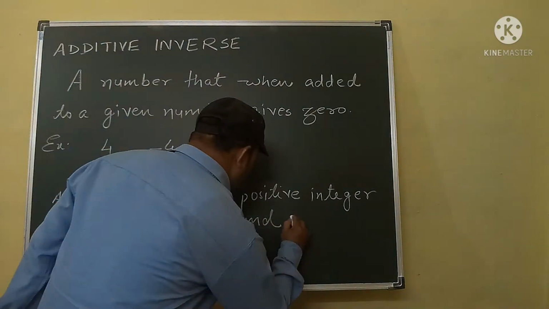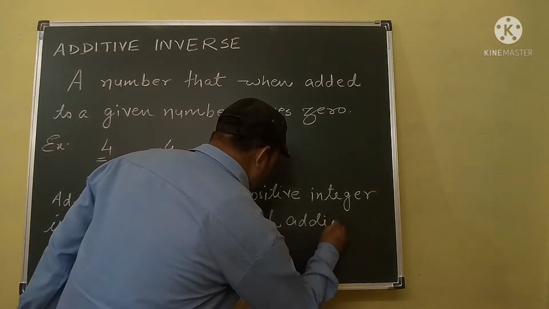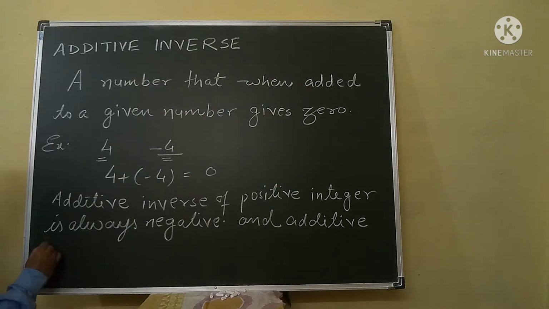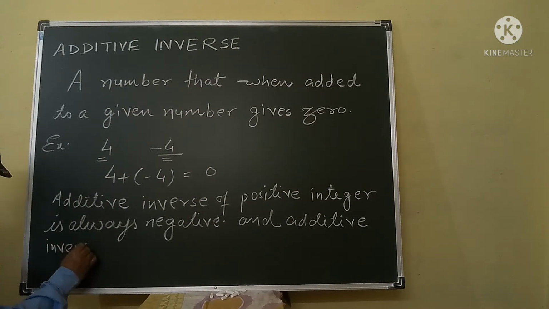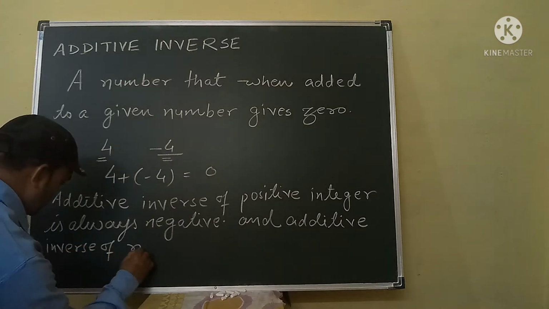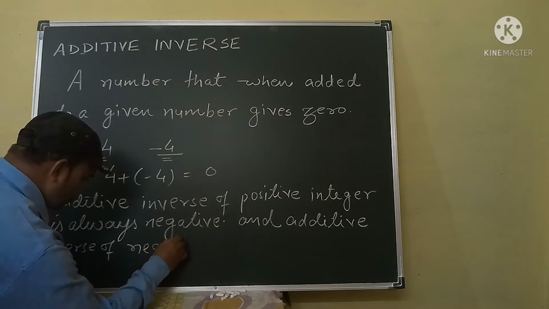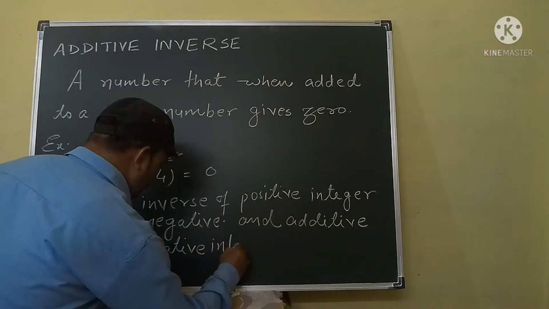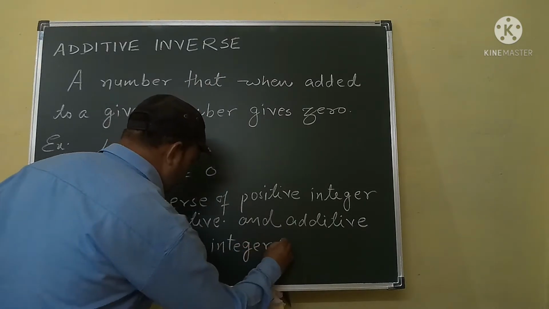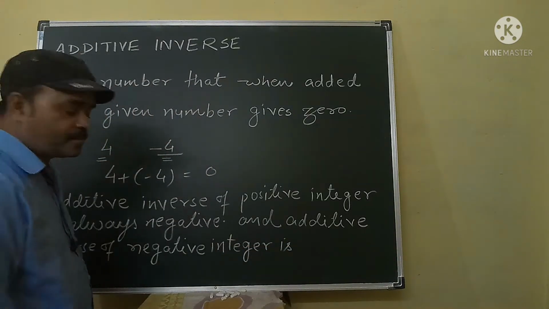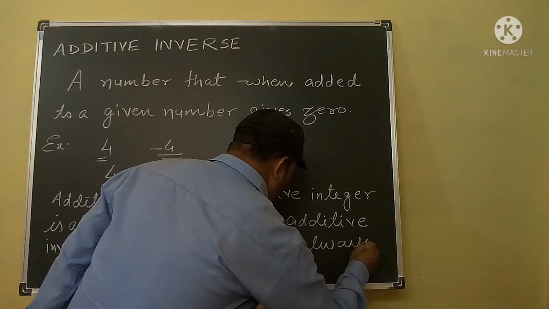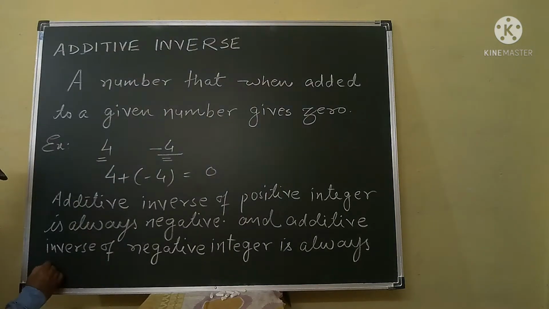And additive inverse of a negative integer is always positive.